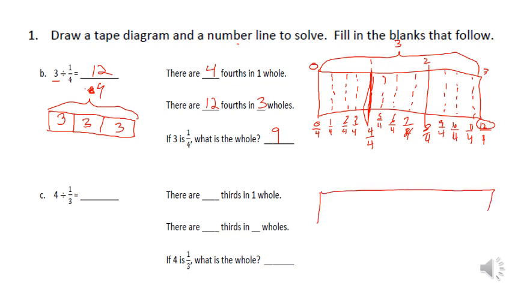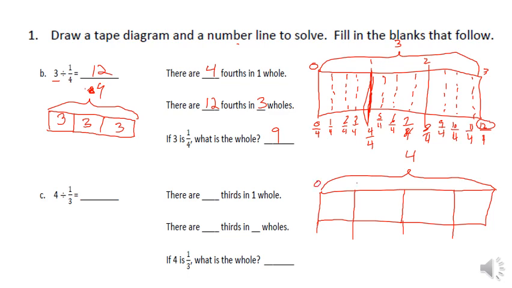On C, we're going to do the same thing. We're going to do a tape diagram. We're putting our whole on top, which was 4. And I'm going to split it into 4 wholes. And once again, I'm going to drag my wholes down so I can know the difference between them and the fractions. Then I'm going to list them on top: 0, 1, 2, 3, and 4. And it says I'm doing thirds, so I'm going to have to split each one of these wholes into thirds.